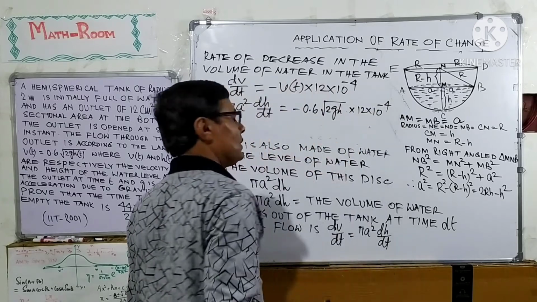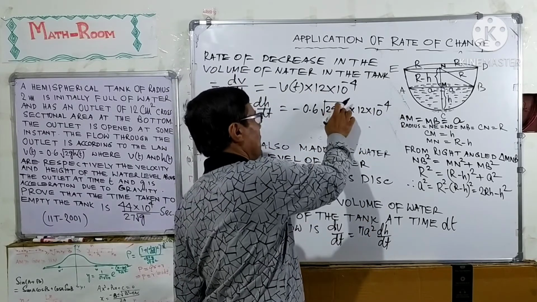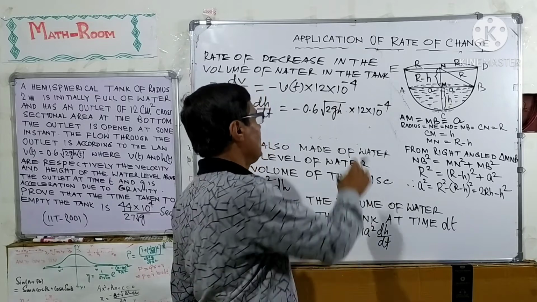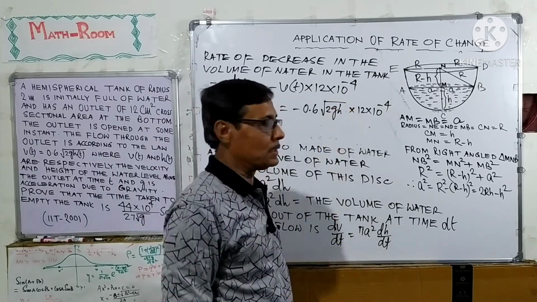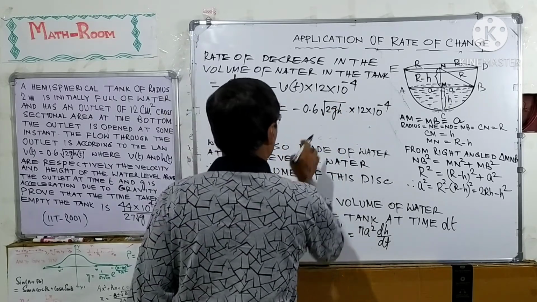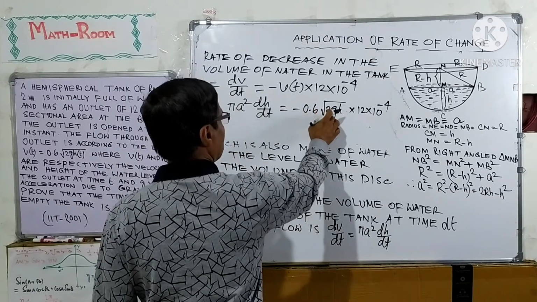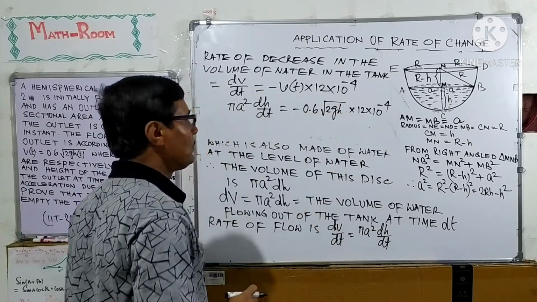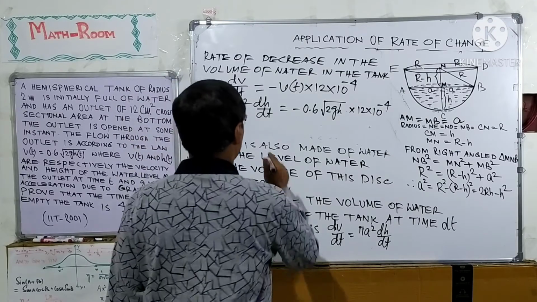Ht means h is a function of time, that is at time t the height is taken as h. So, we can write minus 0.6 root over 2gh into 12 into 10 to the power minus 4.